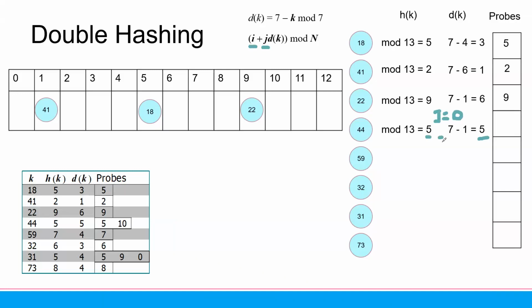But if we put j equals 1, so 5 plus 1 multiplied by 5, then the result will be 10. Oh, okay. I put this one. And then don't forget that we have the mod 13. So we put the 44 into index 10.